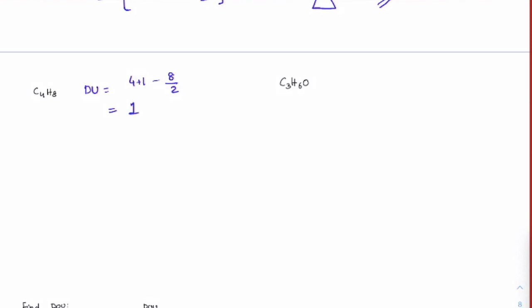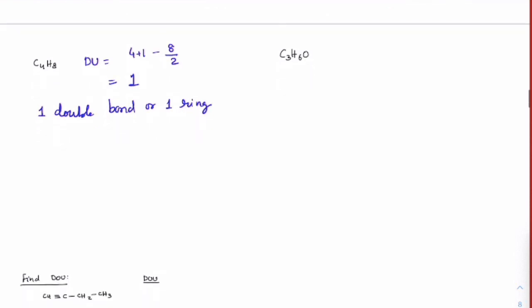If it is 1, which means I can have one double bond or one ring structure. Okay. So what are the possibilities? Check out. One possibility is a double bond is placed here. Other possibility is the double bond is placed here. Other possibility is with a branch a double bond is placed.